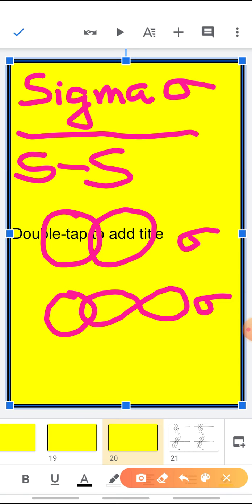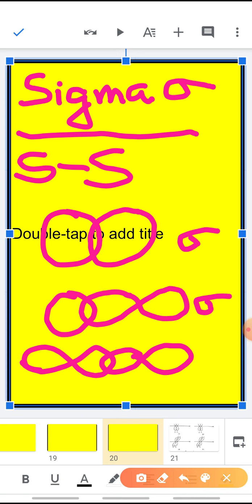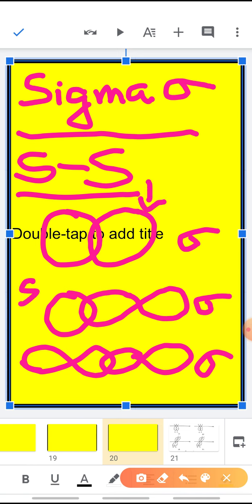The third one is when head-on overlapping between two p orbitals takes place, then again a sigma bond is formed. So for SS, this is the example; for SP, this is the one, and for PP, this is the one. So what is a sigma bond? A sigma bond is formed by the head-to-head overlapping of either two s orbitals, one s and one p orbital, or two p orbitals.